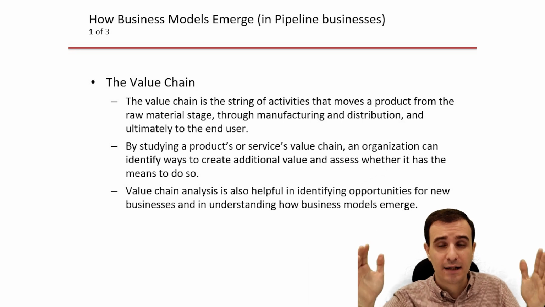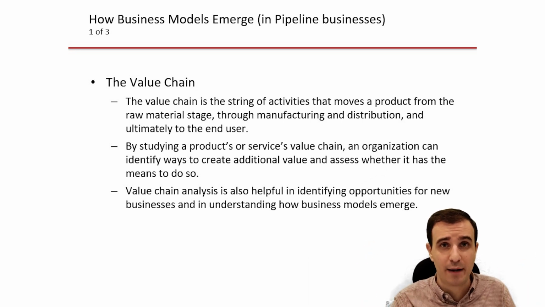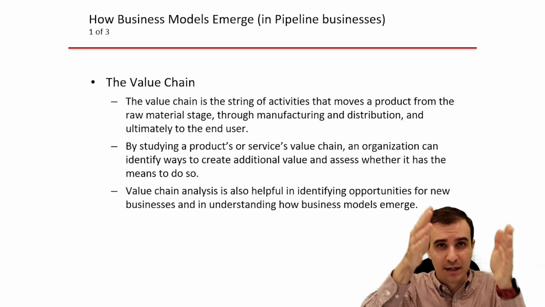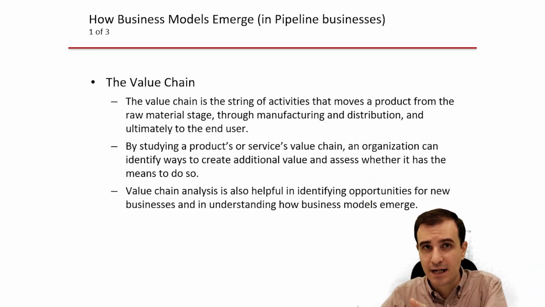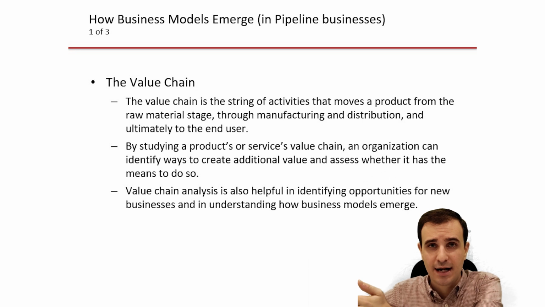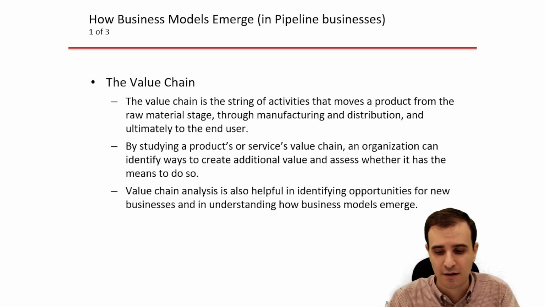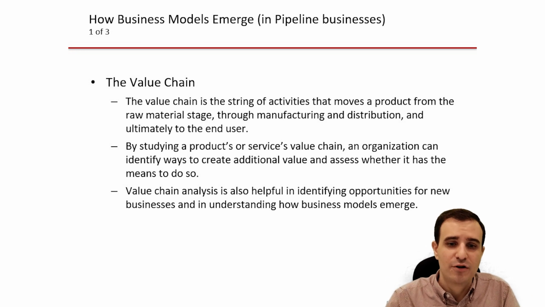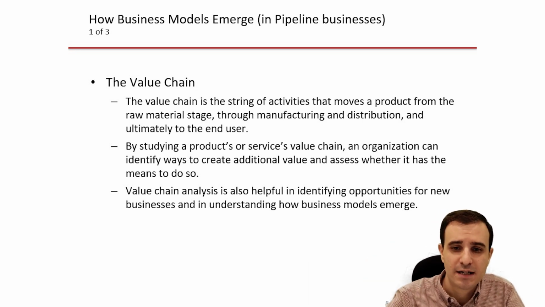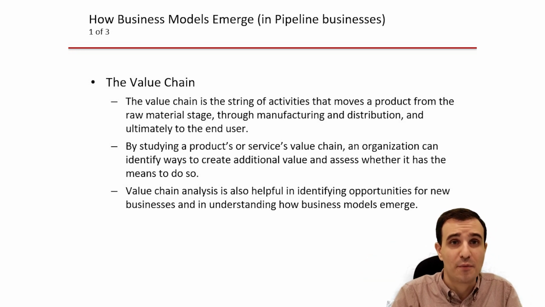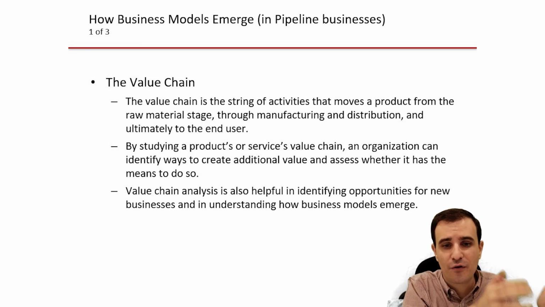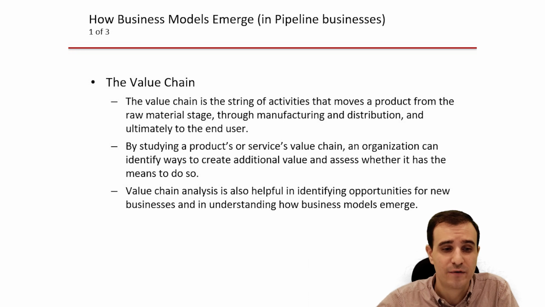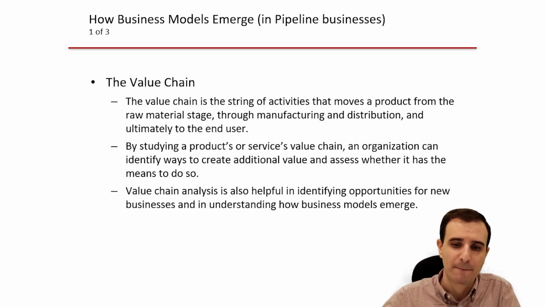It clearly looks like a pipe with some activities done with suppliers, some activities done internally, some activities done with distributors, and then customer relationship, customer service, and so on. So this is the concept of a value chain, the string of activities moving a product from raw material stage through manufacturing and distribution and ultimately to the end users.